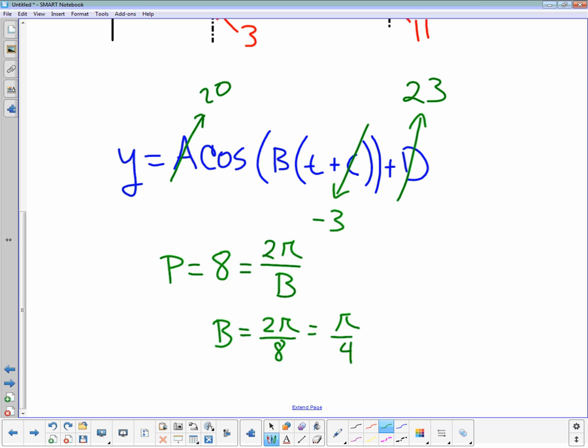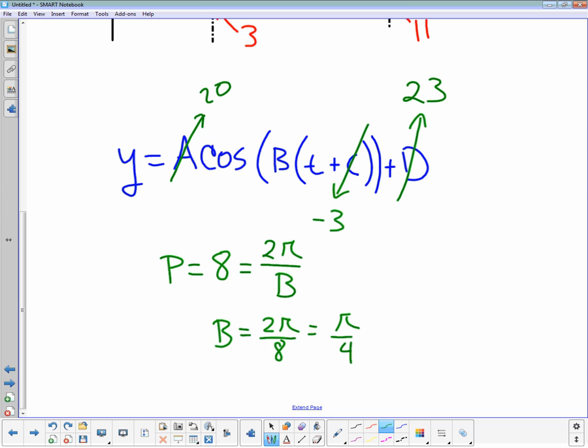By the way, notice that in all of the examples we've had before, the B term was like 2 or 5 or 7, a whole number or something like that. They didn't have pi in the B term. Here, now all of a sudden B has a pi in it. That's important.